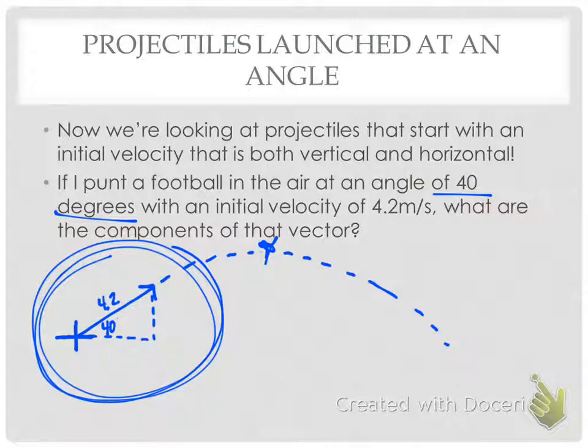So how do we go about doing that? If we have our hypotenuse and we have an angle, we're going to use our trig functions. We know how to break down vectors. So if this is my initial velocity, what would I call this side right here? Vyi.